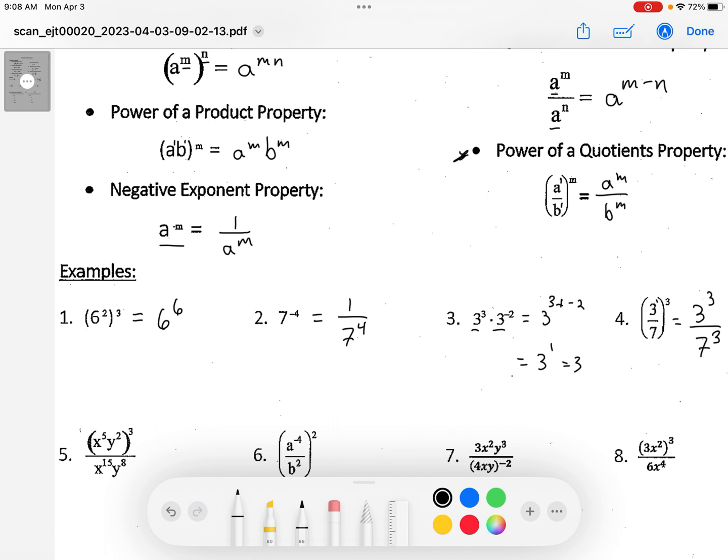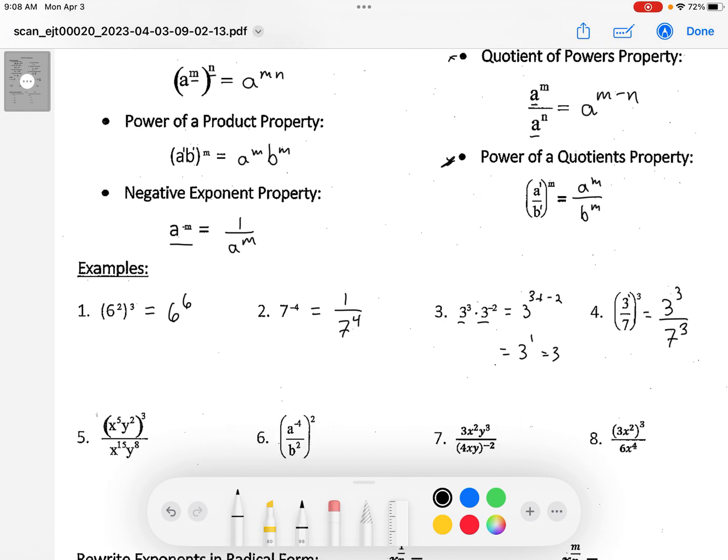Now we can evaluate all these if we take our calculator, which I'm not, but we'll go ahead and do it quick. So 6 to the 6th is 46,656. 7 to the 4th, it is 1 over 2401.